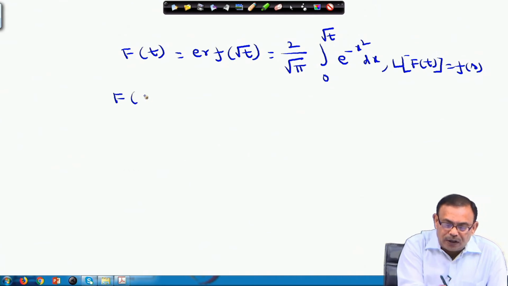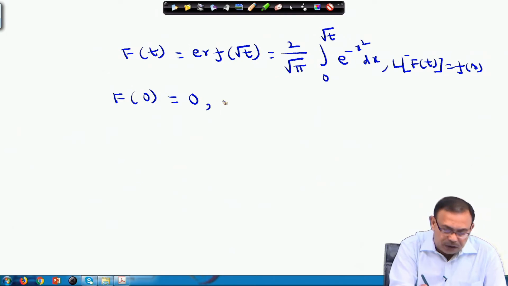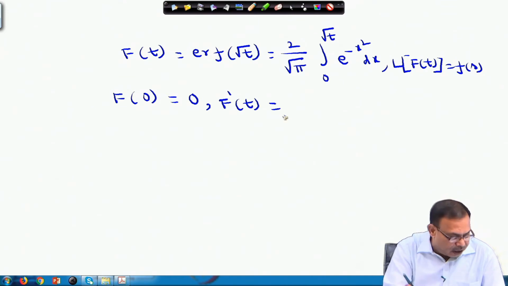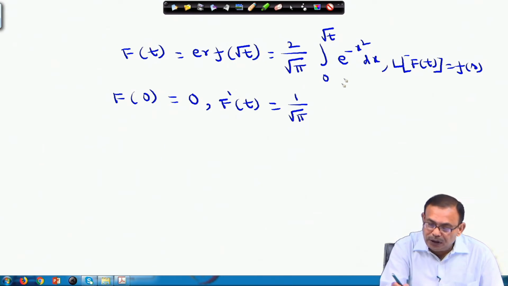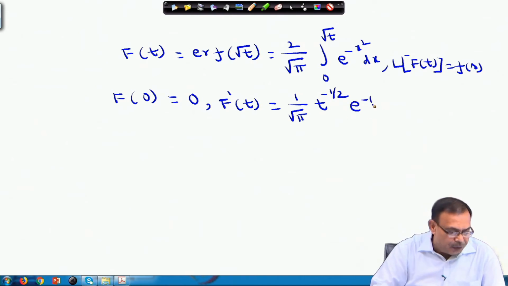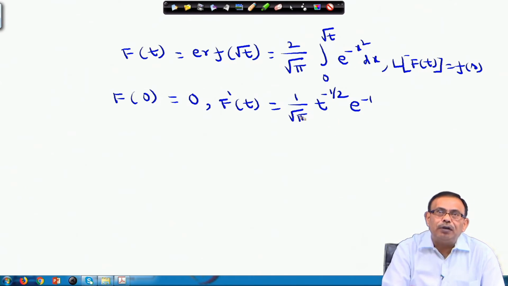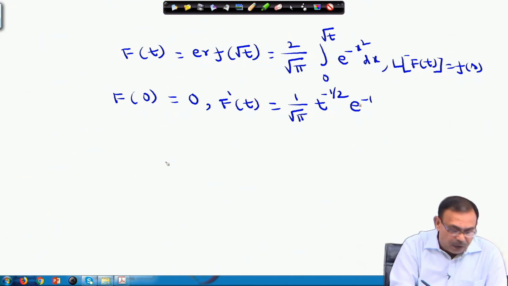So, from here directly you can say your f 0 will be equal to 0 like earlier cases, and using Leibniz integral theorem, f dash t I can write down as 1 by root pi into t to the power minus half into e power minus t. Using the Leibniz formula, I obtain f dash t by using the integral formula.